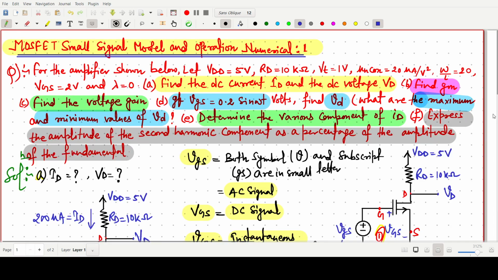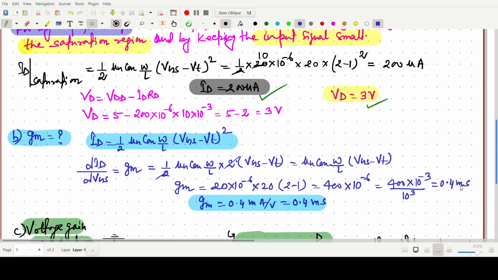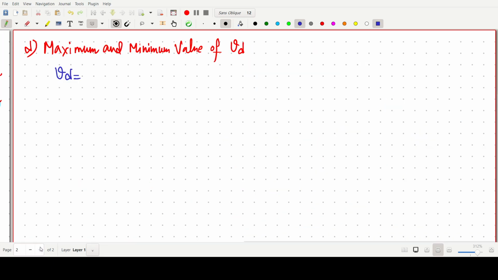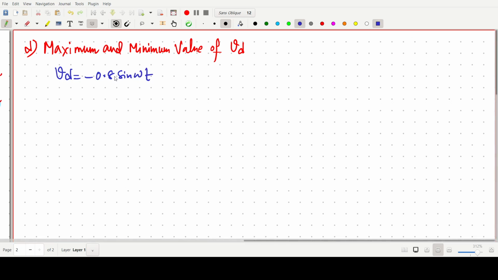In the first page, we found VD as minus 0.8 sine omega t. Okay, we have found VD.